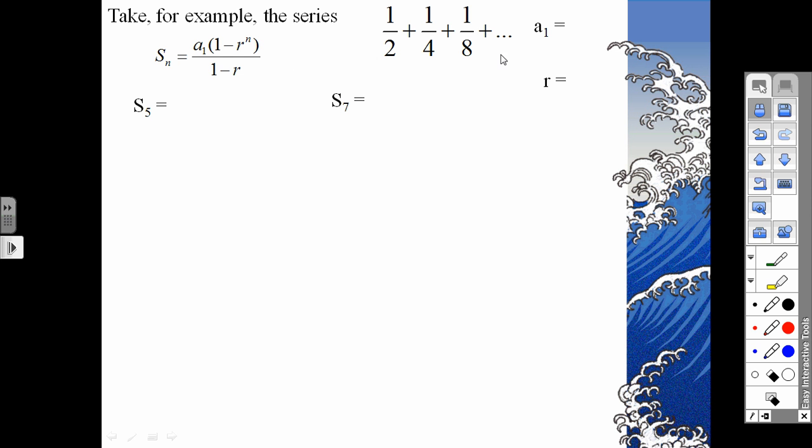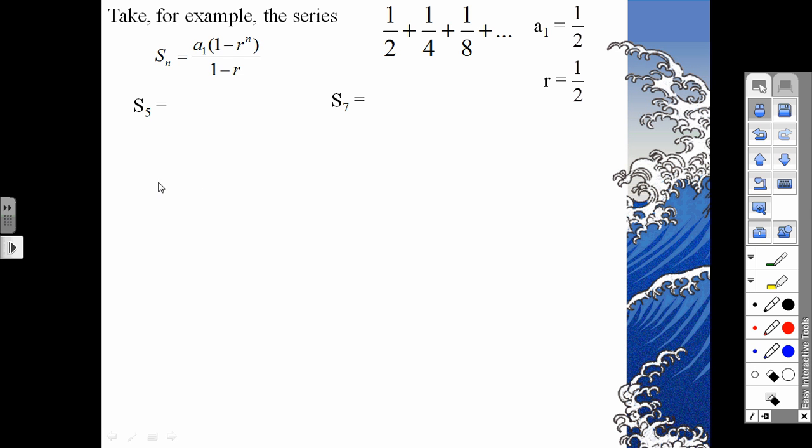So first of all, if we look at this infinite series here, the first term is 1/2. And our common ratio, what we're doing each time, is multiplying by 1/2. So our common ratio is 1/2 as well. So we're going to find the partial sums for 5 terms and for 7 terms. Then we're going to analyze that and compare numbers and see what's going on.